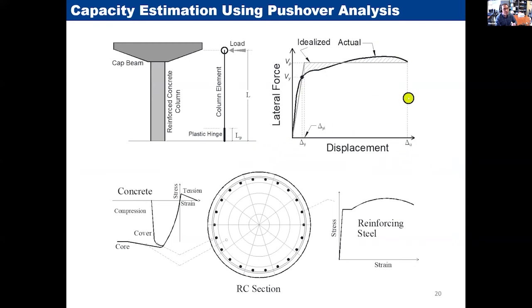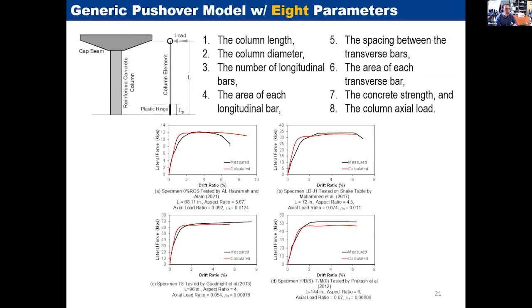This is where the column will collapse or fail. And we are proposing to use pushover analysis to obtain the full picture and have the capacity displacement of the column. So we made a generic OpenSees model using only 8 column parameters.